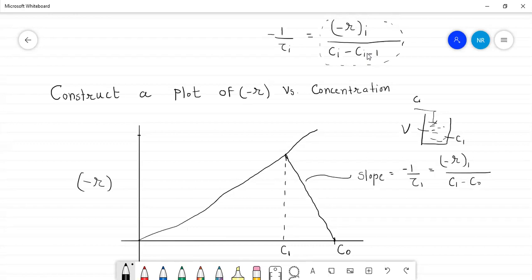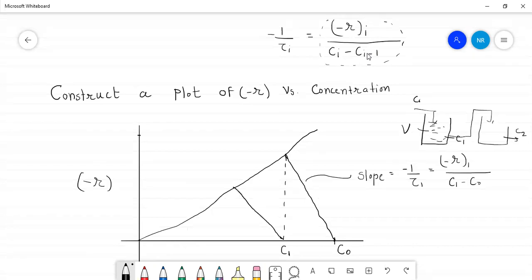Now if we have another reactor, with the inlet being the outlet of the first reactor, and if its volume and volumetric flow rate are somewhat different from the first one, then we have to find tau 2. Then we do 1 divided by tau 2 and convert it into the slope, getting the inverse value with an angle.